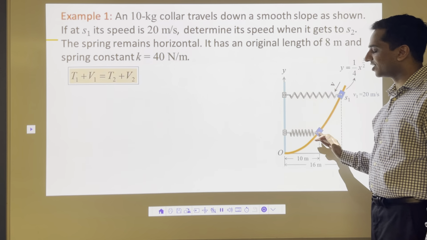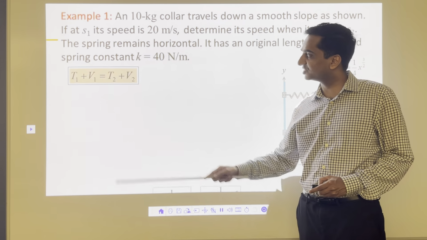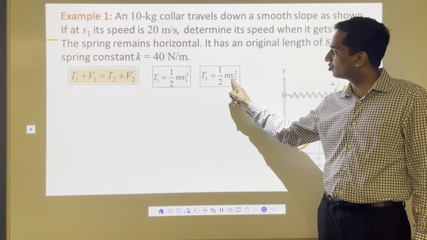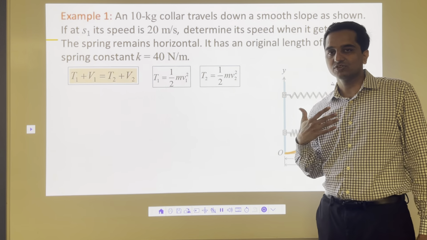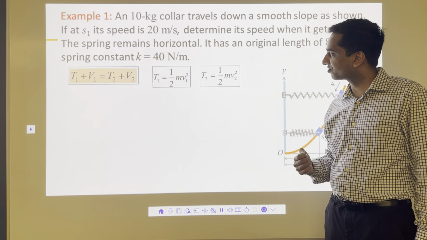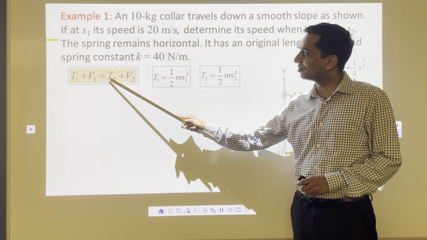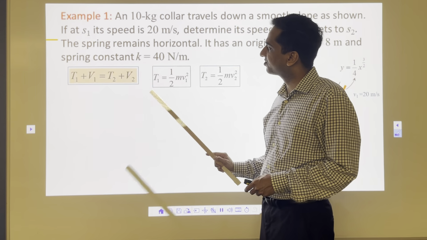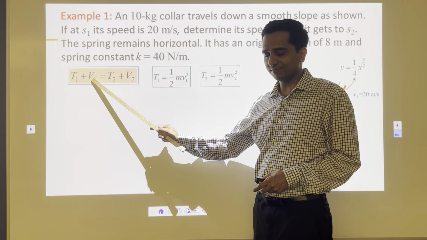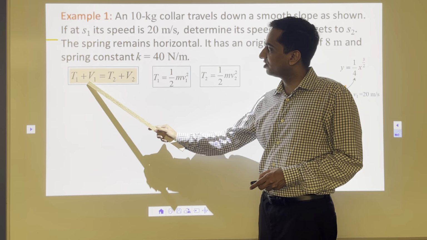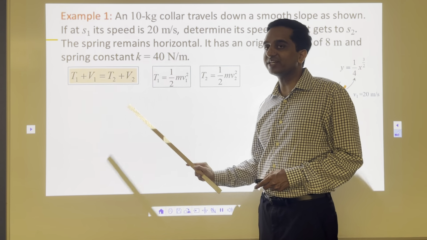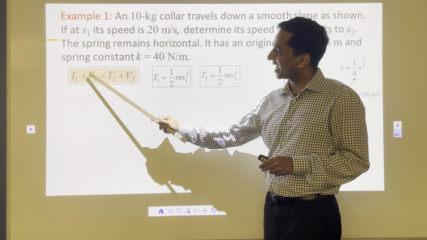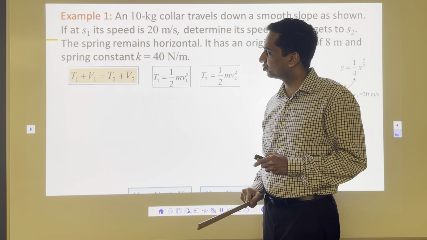That's the overall process. To find T2, we need the value for T1, and we need the values for V1 and V2. V1 and V2 are the potential energies associated with gravity and the spring at position 1 and position 2.